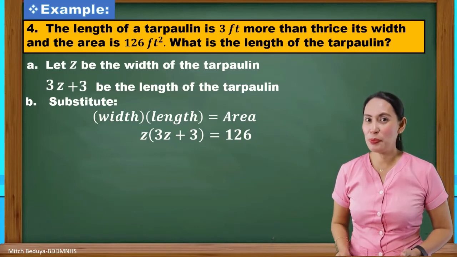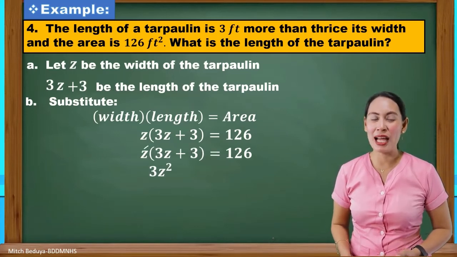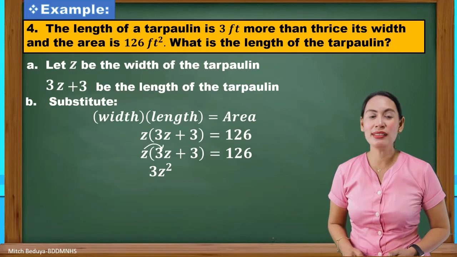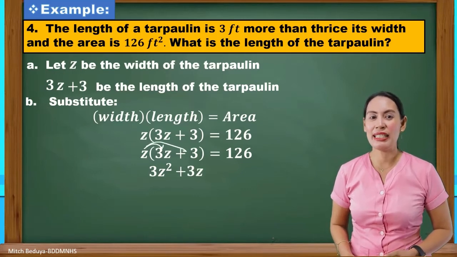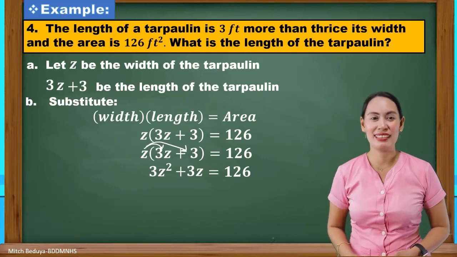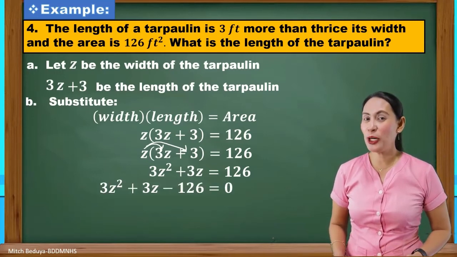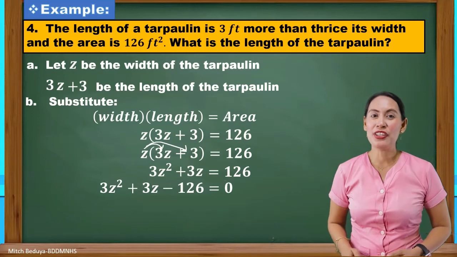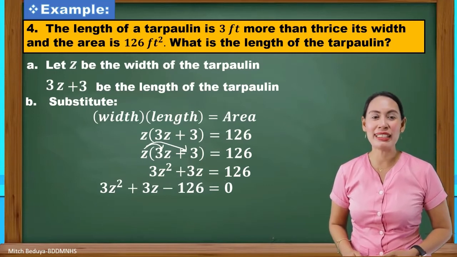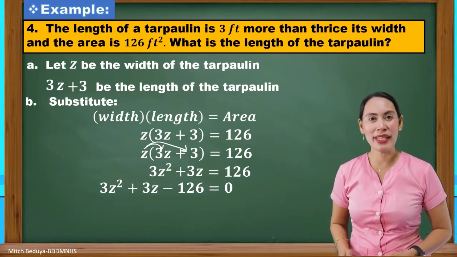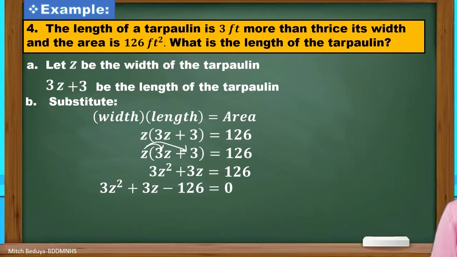By distributive property, the equation becomes 3Z squared plus 3Z equals 126. So in standard form, the equation is now 3Z squared plus 3Z minus 126 equals 0.